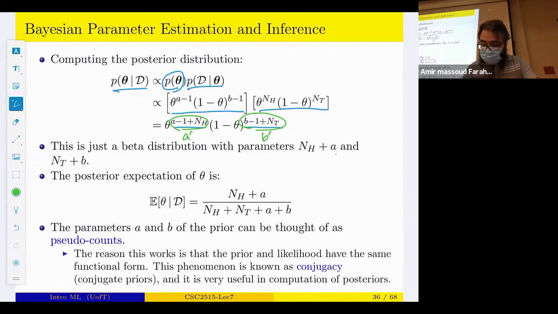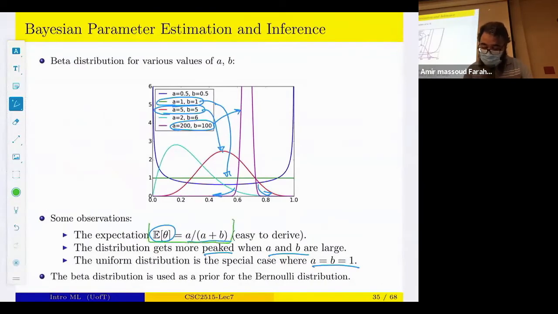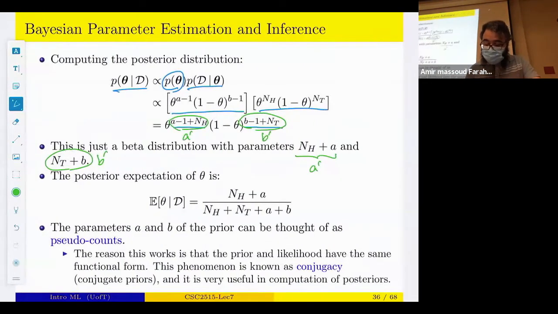So we have a new beta distribution, where this is the a prime parameter and this is the b prime parameter. We can compute the posterior expectation from the formula we have, that the expectation of theta is a divided by a plus b. We just replace it with a prime and b prime. What we get is the expectation of theta conditioned on D is the number of heads plus a, divided by the total number of data points, heads plus tails, plus a and b.